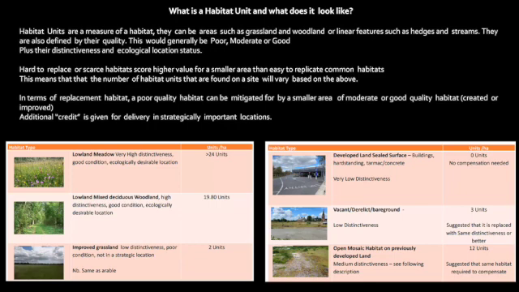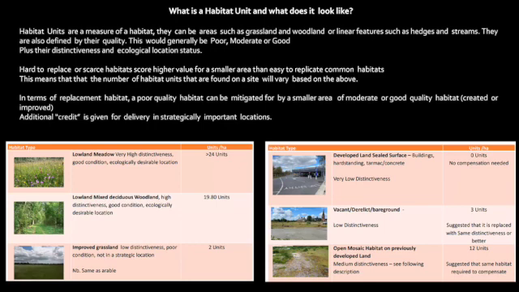So these are measured by their area, but they're also defined by their quality as well. So we're defining the quality as being either poor quality, moderate quality, or good quality, plus their distinctiveness and ecological location status.